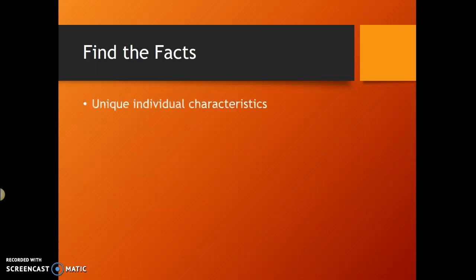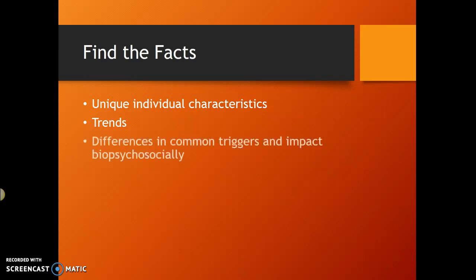We want to think about youth versus older adults, the fact that it's going to be unique individual characteristics that we're looking at. However, what we're doing here is we're looking at some of the trends, because the trends and similarities among those 2 sets of populations will help us to develop treatment approaches to each individual. So even though there might be unique characteristics, we still need the trends in order to develop kind of system-wide approaches.